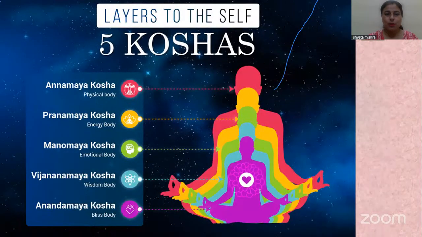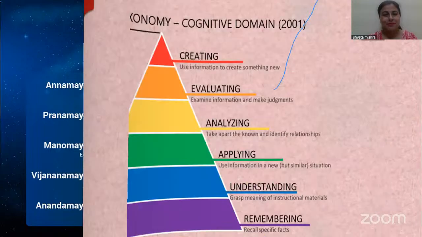And as we know, we have 5 koshas of learning: the Annamaya kosha, which is the physical body; Pranamaya kosha, the energy; Manomaya kosha, the emotional body; Vijnanamaya kosha, which is the wisdom body; and the last and highest level of learning is Anandamaya kosha, which is the bliss body.